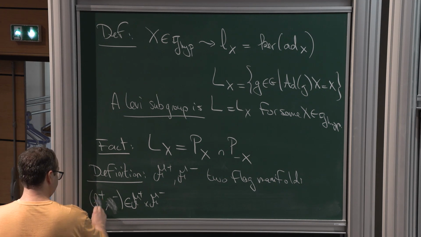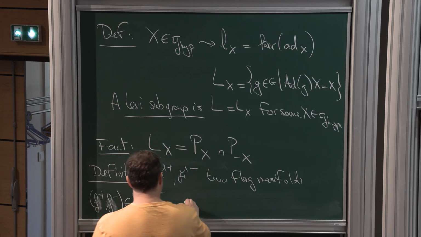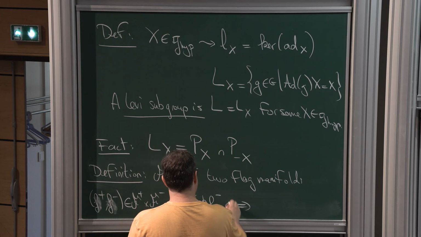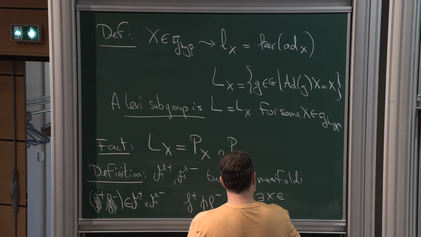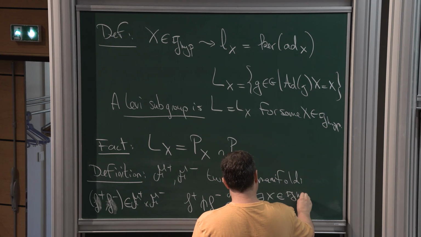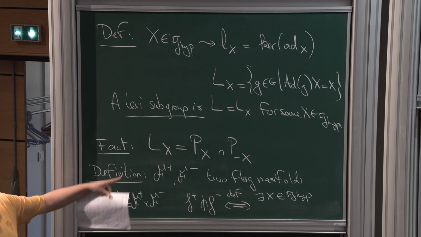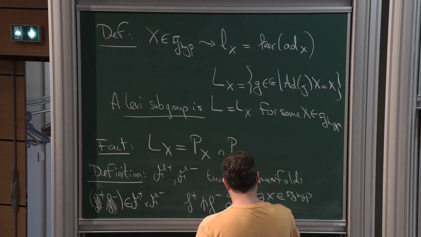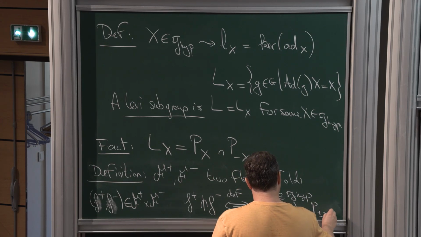So let's call them F for flags, F plus and F minus. We'll say that F plus is transverse to F minus, by definition, if there exists some hyperbolic element x such that the stabilizer in G of F plus or minus is P plus or minus x.